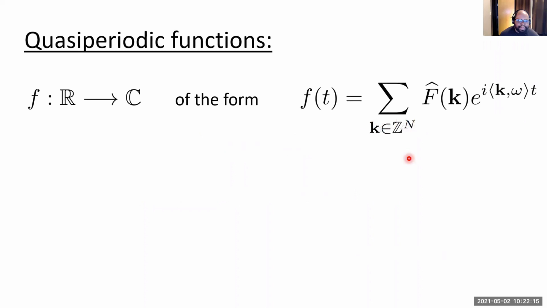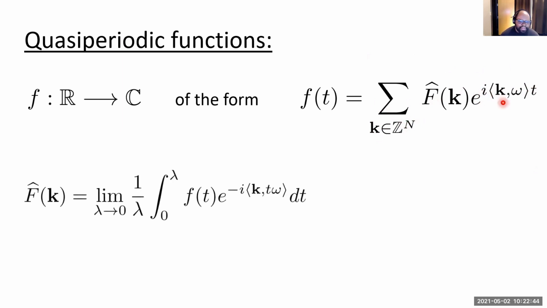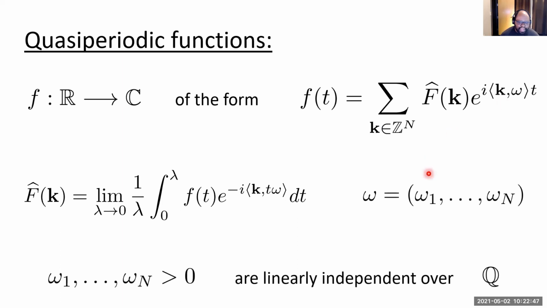So what is the setup? A function, let's say from the real numbers to the complex numbers, is quasi-periodic if you can write it in the following form. You write it as an infinite series that resembles a Fourier series. The only difference is that the index set is Z^n, and the frequency components are these inner products between the integer vector k and omega, a vector of frequencies omega 1 through omega n.